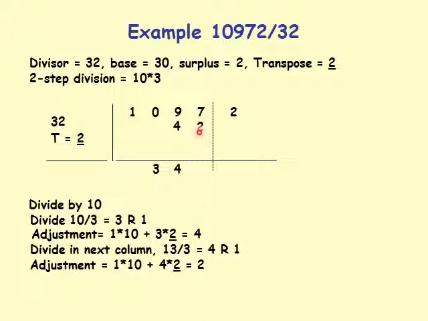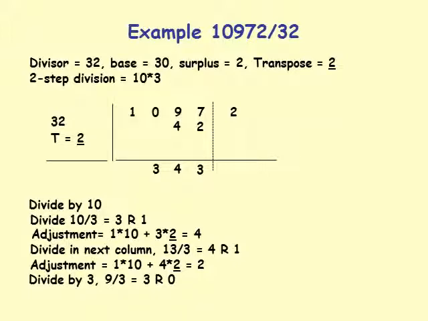Okay, 2 here, 7 plus 2 is 9 we have now. We divide by 3, that gives me 3 remainder 0. Okay, we got 3 remainder 0.